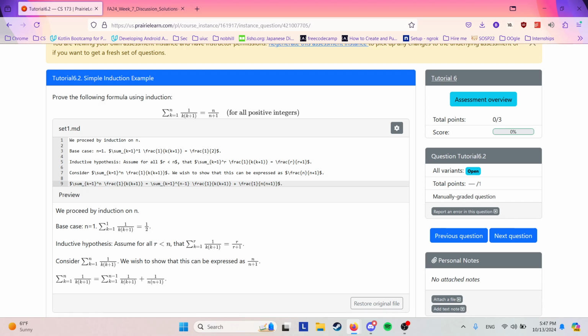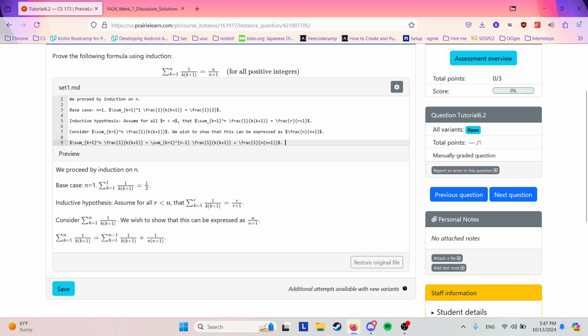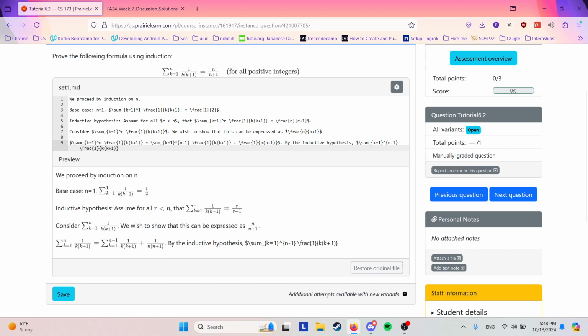Right, and now I can use the inductive hypothesis. By the inductive hypothesis, we can write the sum from k equals 1 to n minus 1 as simply n minus 1 over n, which is what we get if we plug in n minus 1 for n in this closed form over here.